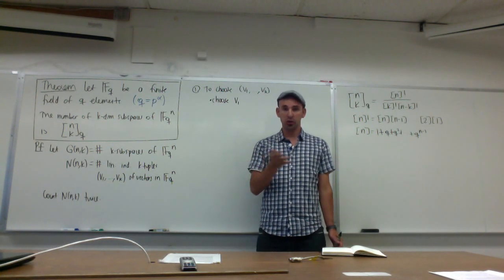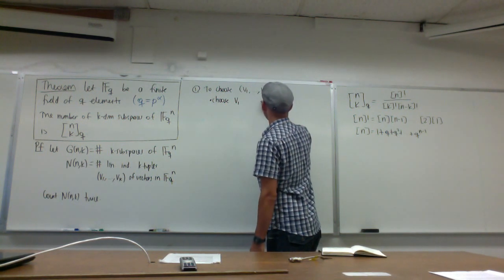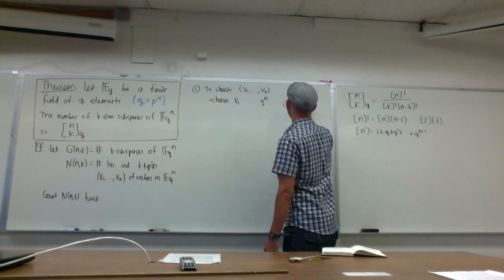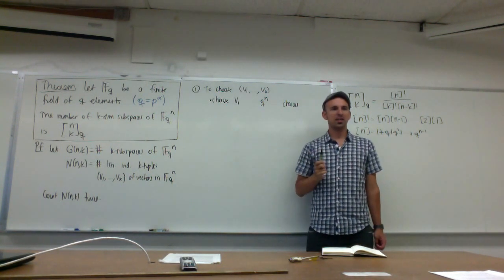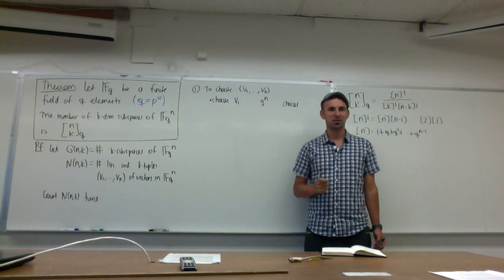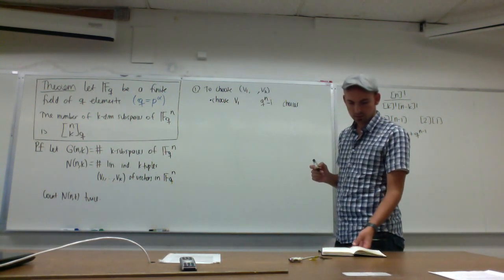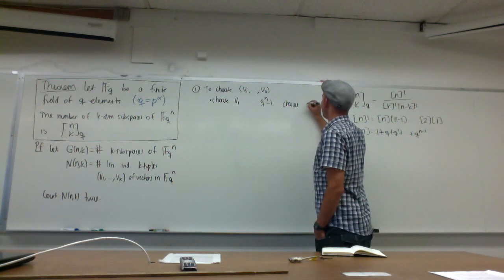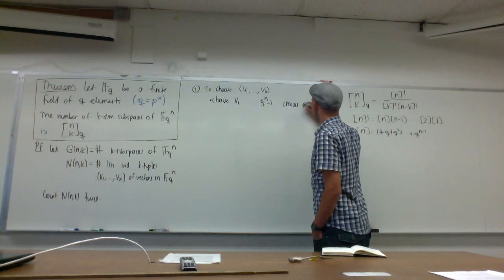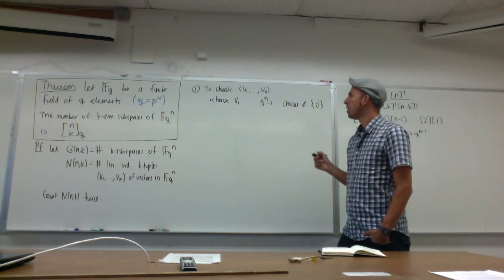That means there's q to the n vectors here, so I have q to the n choices. Is that the correct answer? It's almost the correct answer, but the problem is that I better not choose 0, because 0 is not linearly independent. So I cannot choose 0. I shouldn't choose the zero vector. Now let's choose the next one.